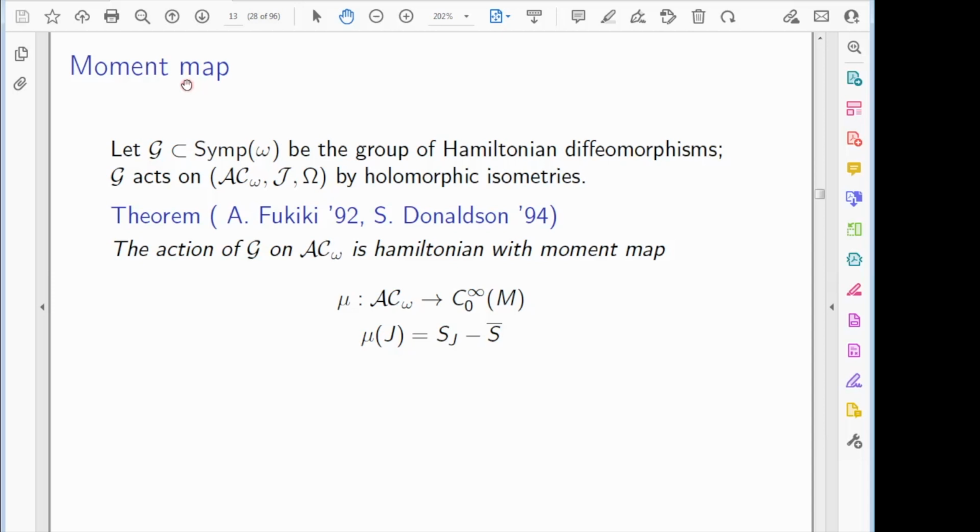And so this will also have the subgroup of Hamiltonian automorphisms.